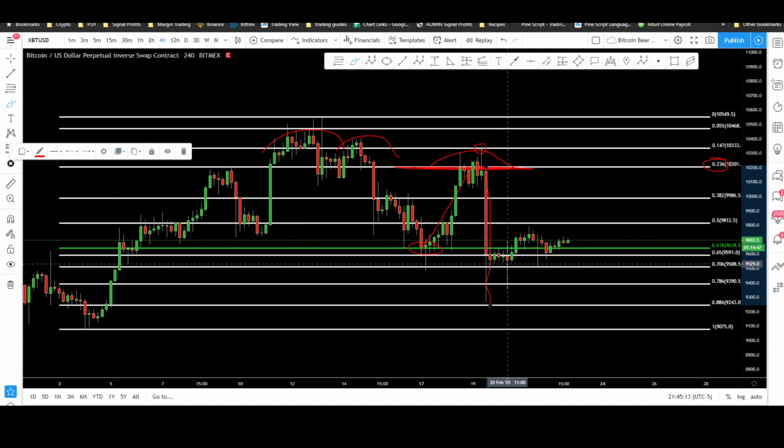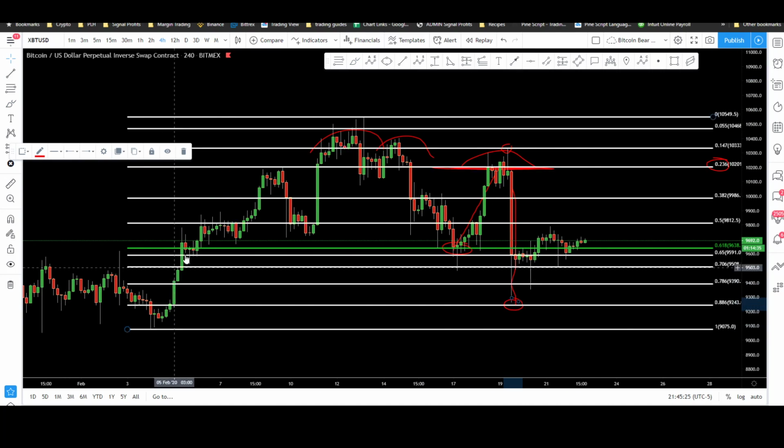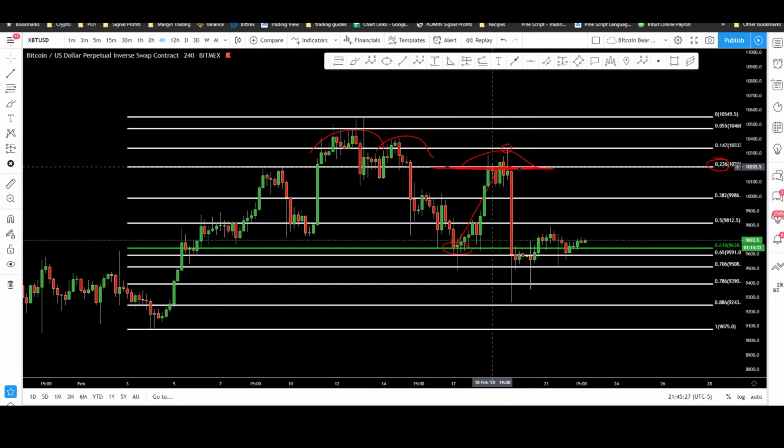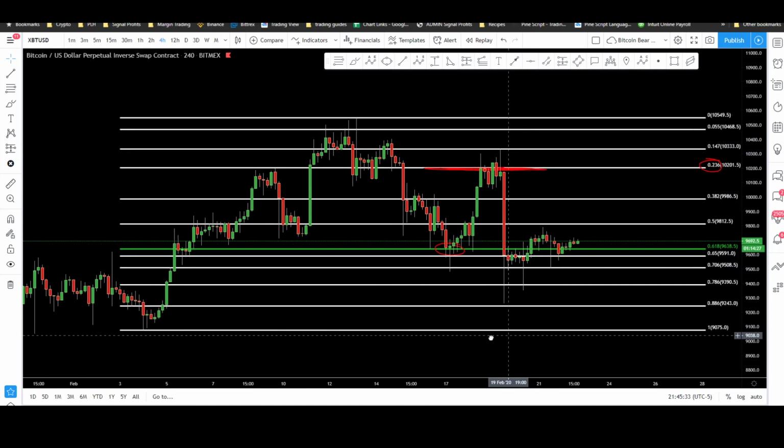That was that gnarly candle all the way down to the 88.6. But we came up and we closed above both the 78.6 and the 61.8.